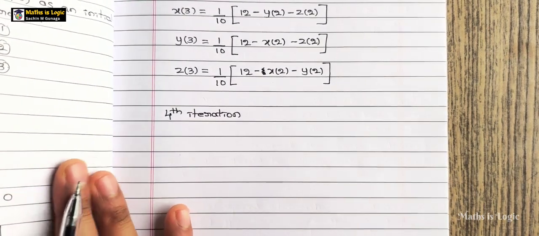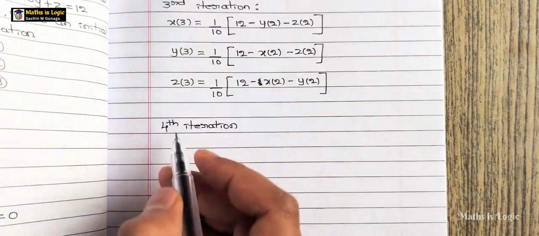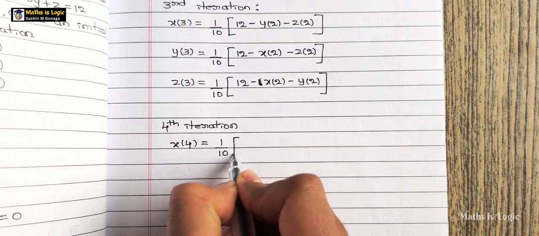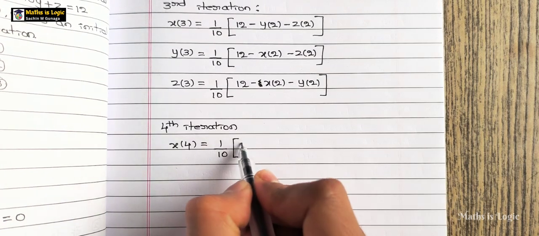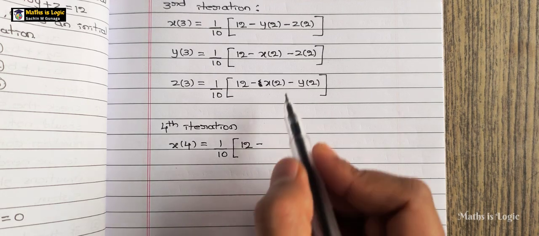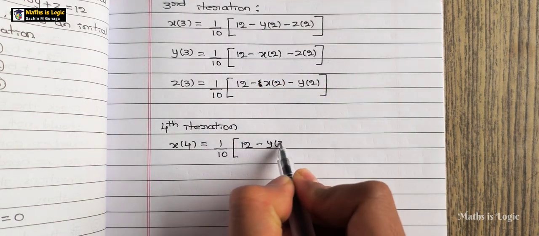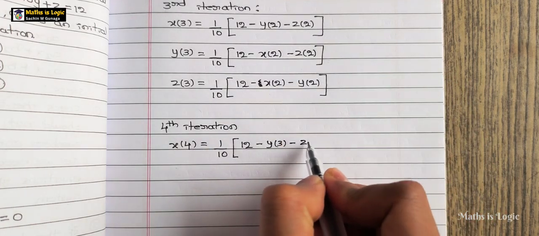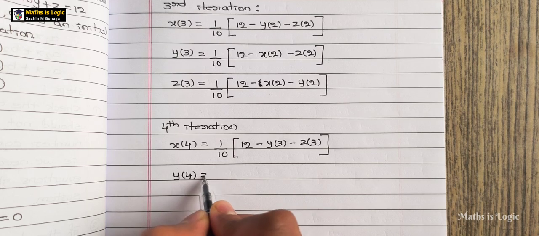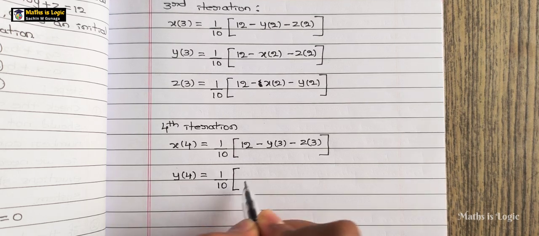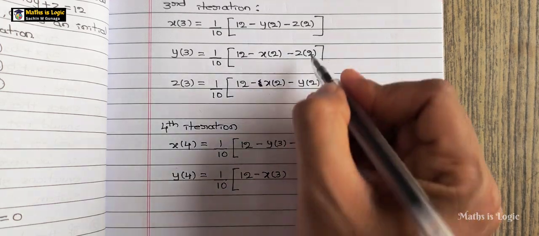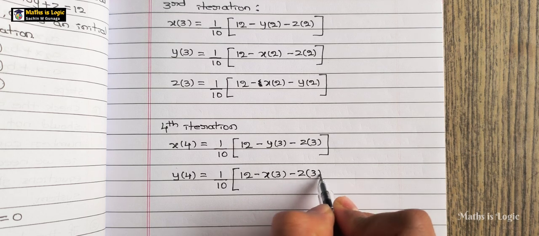Correct, fourth iteration. So that time x3 becomes x4 is equal to 1 divided by 10 into bracket 12 minus y2 becomes y3 minus z2 becomes z3. Next, y4 is equal to 1 divided by 10 into bracket 12 minus x3, so 2 becomes 3, and again minus z3.